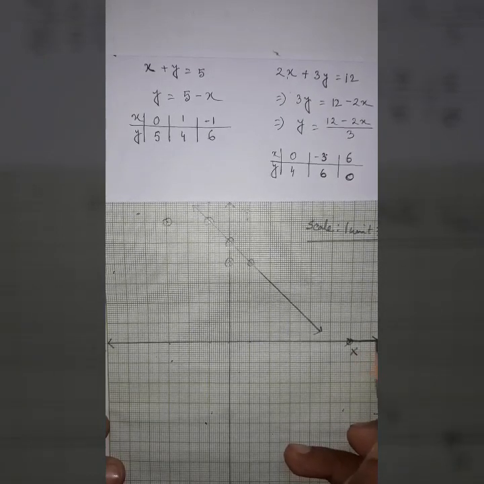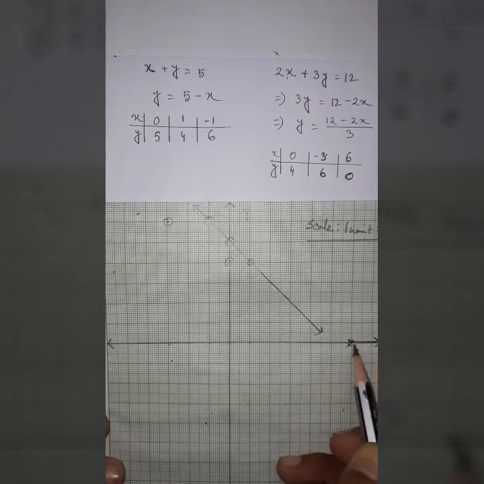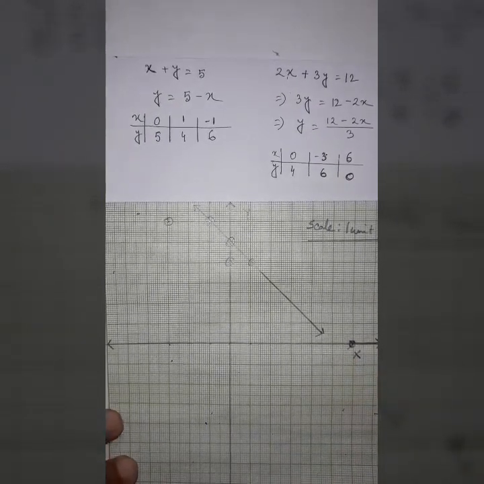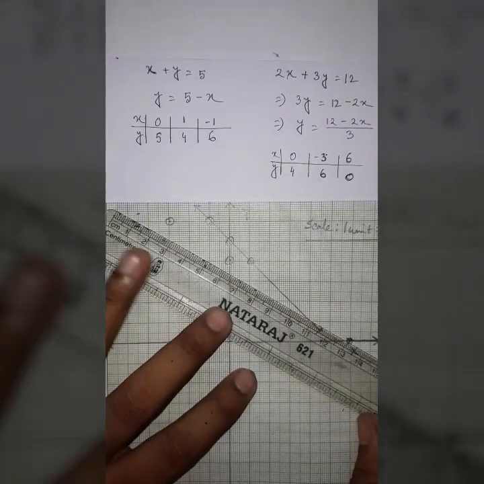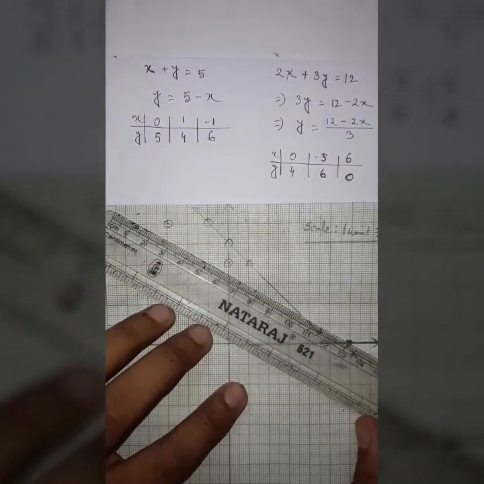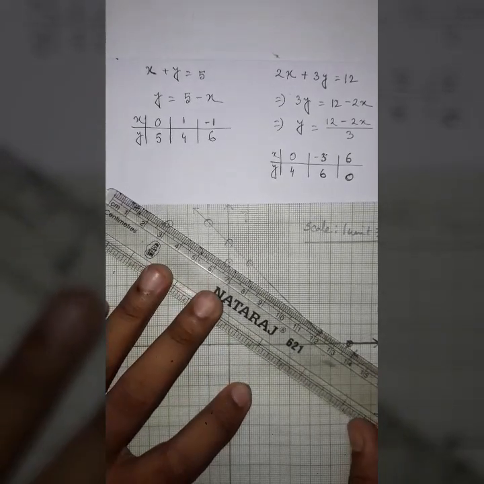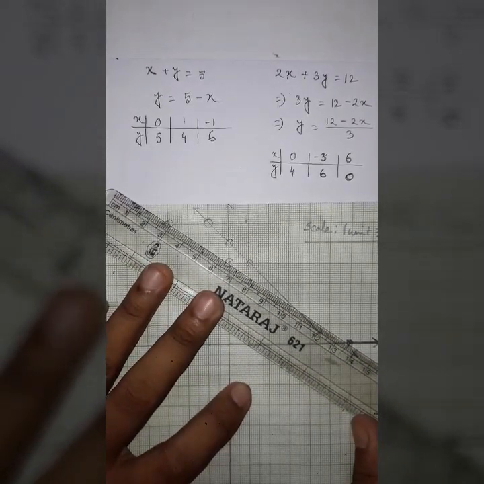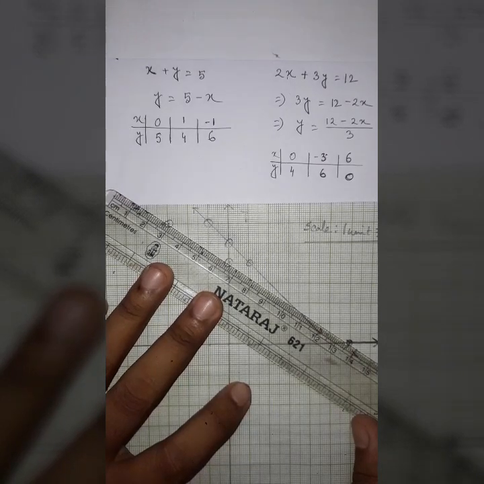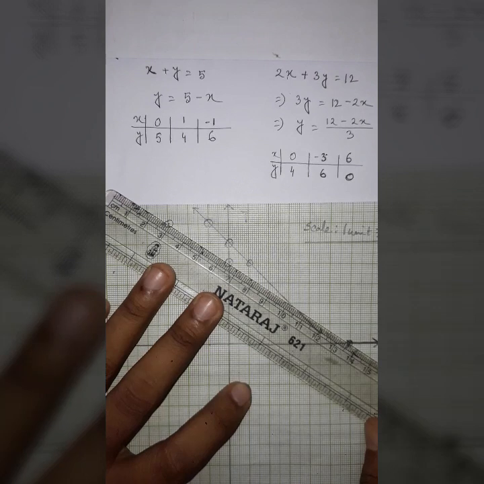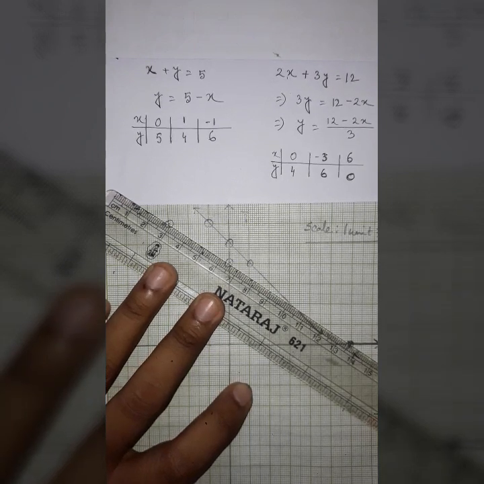You should extend this x axis with your scale. Then join these 3 points to get the straight line which represents the second equation.